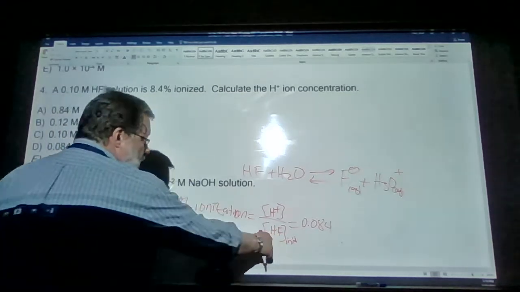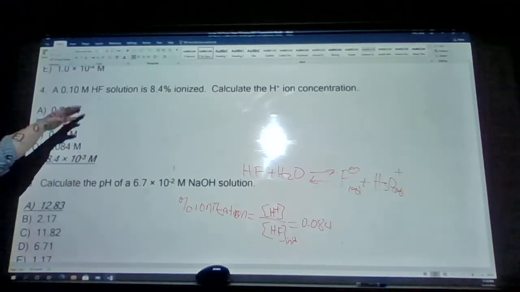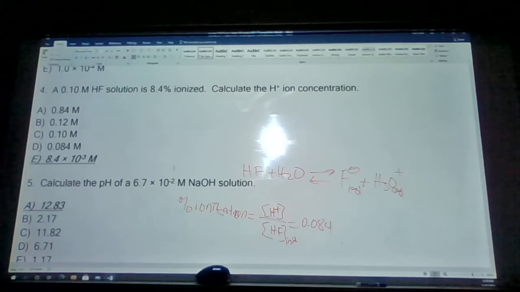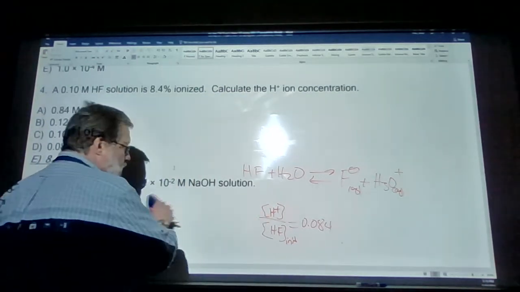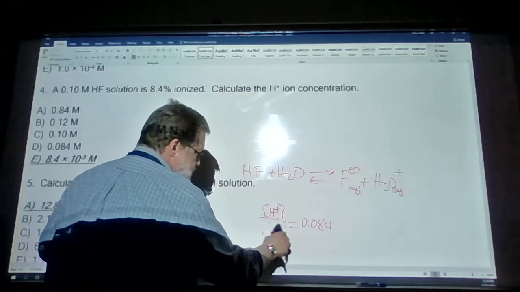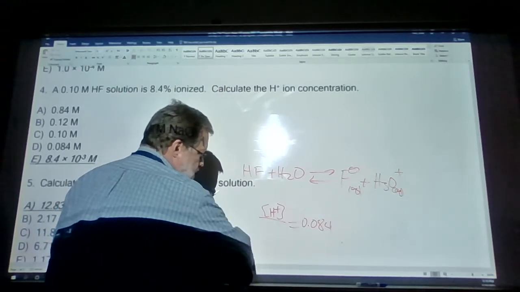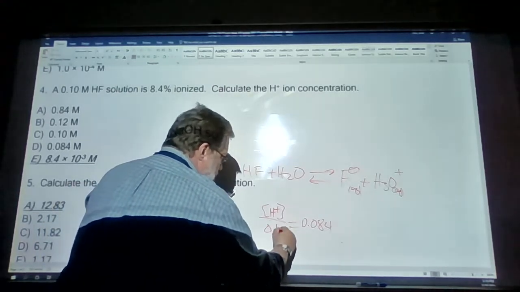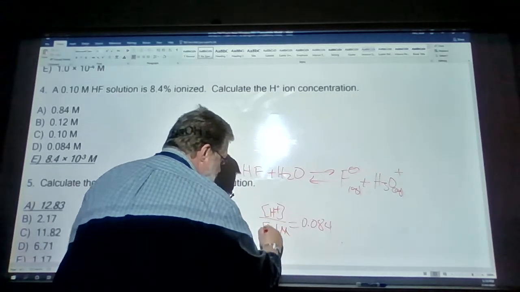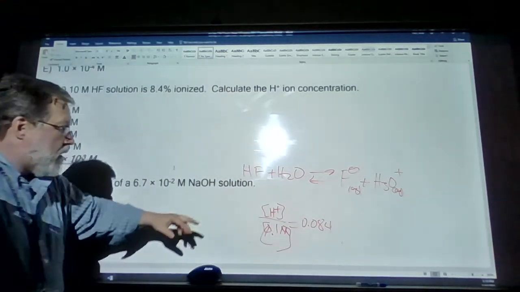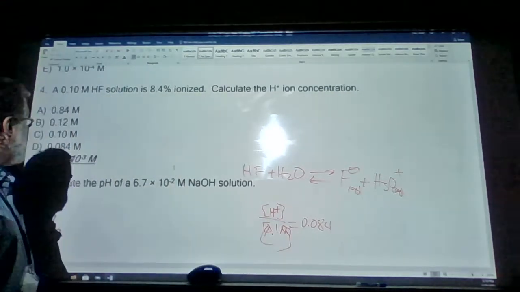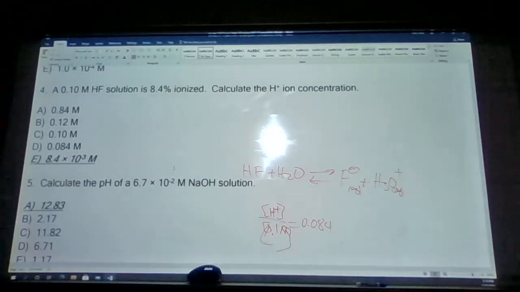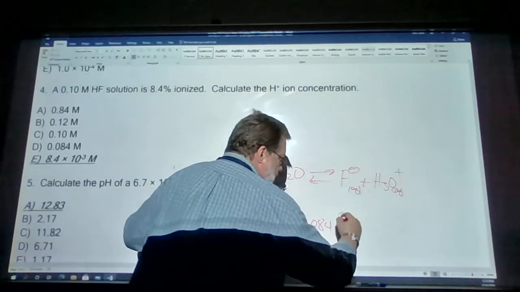Do we know the initial concentration of our acid? Yeah, it's 0.1 molar. So H plus is 0.084 times 0.1, or 8.4 times 10 to the minus 3.